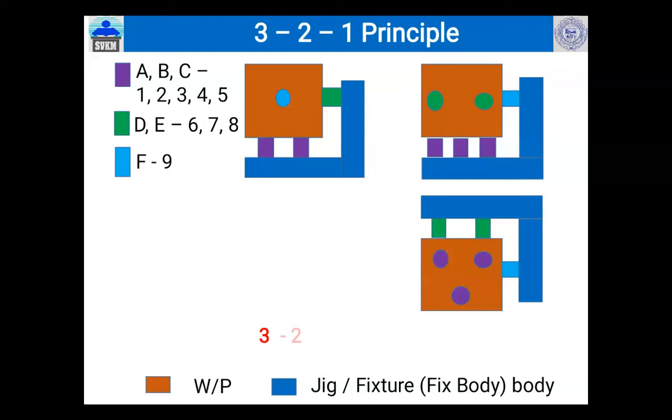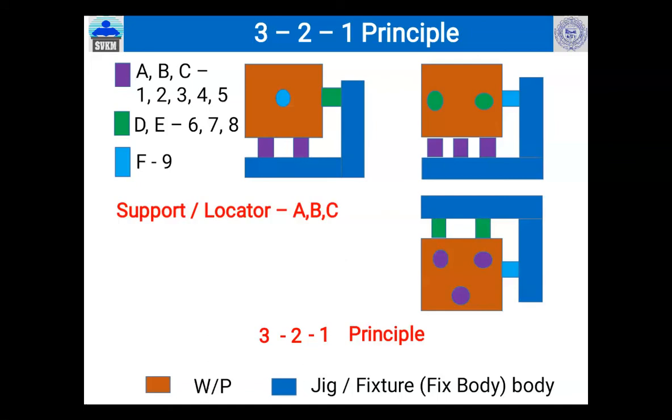So total 9 degrees of freedom we can restrict, as we are using 3 to 1 pins. This is called the 3 to 1 principle.